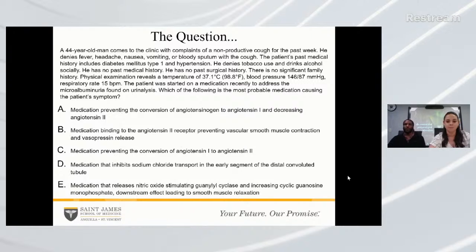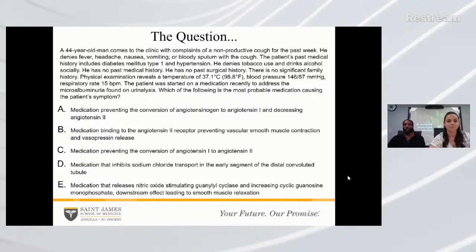Physical examination reveals a temperature of 37.1 degrees Celsius, 98.8 degrees Fahrenheit, blood pressure of 146/87, and a respiratory rate of 15 breaths per minute. The patient was started on a medication recently to address the microalbuminuria found on urinalysis. Which of the following most probable medication causes the patient's symptoms?